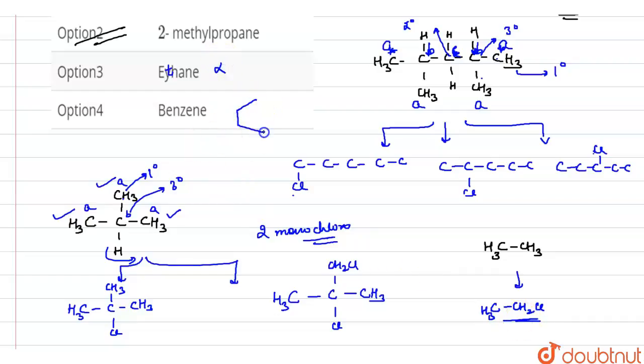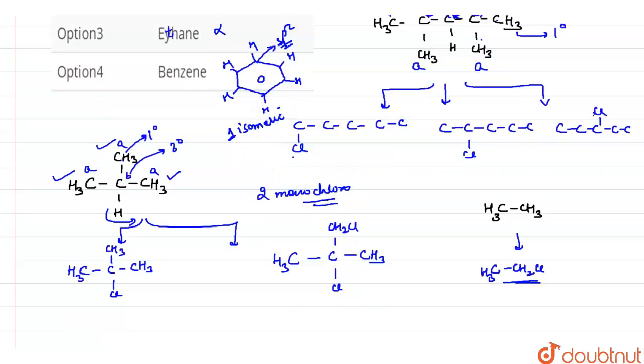Next one is benzene. In benzene, we have 6 carbons with 6 hydrogens attached, and all these carbons are the same, sp2 hybridized. So when monochlorination takes place, the same type of monochloro derivative is formed, so only one isomeric form is present.